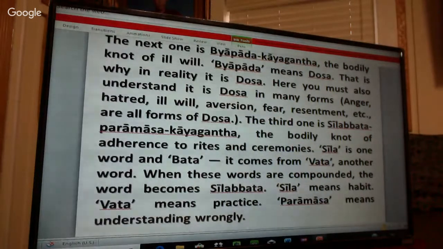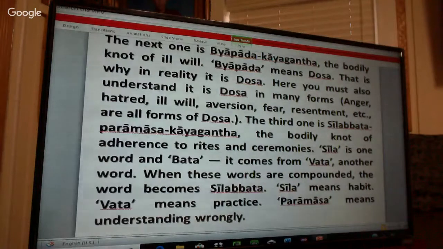Sila is habit, Vata is practice. Habit and practice are different. So that kind of habit and that kind of practice connect with wrong view, wrong understanding.